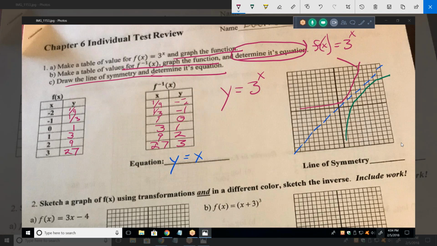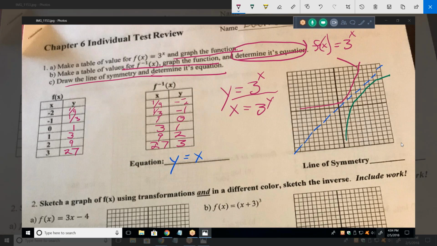Okay. Always the same thing. All right. So swap the variables. And the second step is you solve for y.